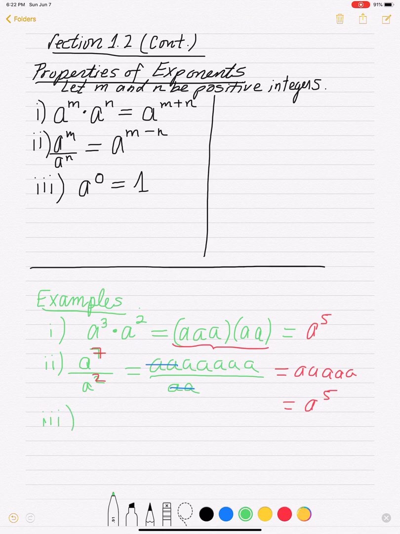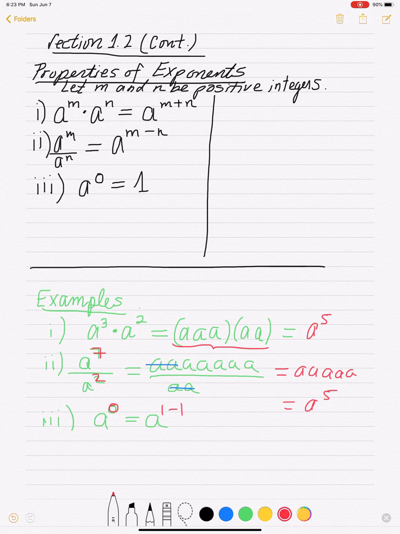Let's see if we can understand number 3, developing this idea. A to the 0 power. Well, remember, 0 right here is the same thing as 1 minus 1. So I'm going to write this as a to the 1 minus 1.